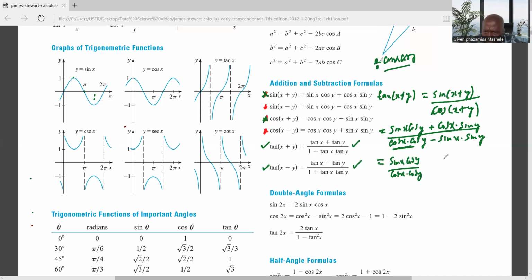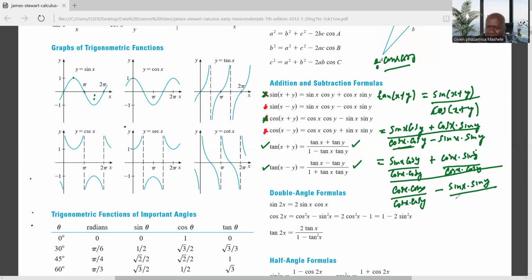Same applies here: cos x sine y divided by cos x cos y. Everything there is divided by the same thing, cos x cos y. During our time at high school, we used to prove this, but I don't know what has happened. Then they took it out.